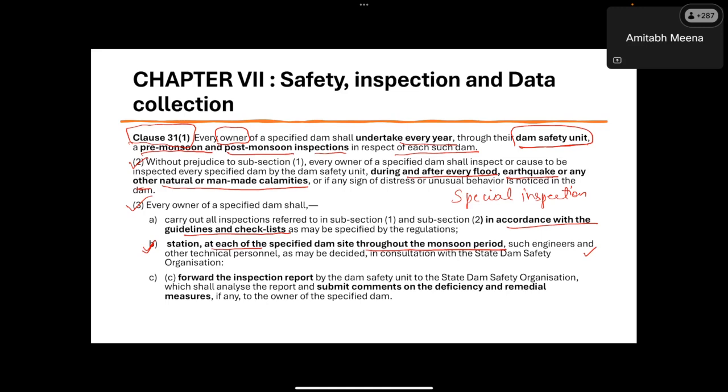Third, section C says that the inspection report should be submitted to the SDSO. Then the SDSO has to comment on it, mark the deficiencies, or suggest remedial measures.